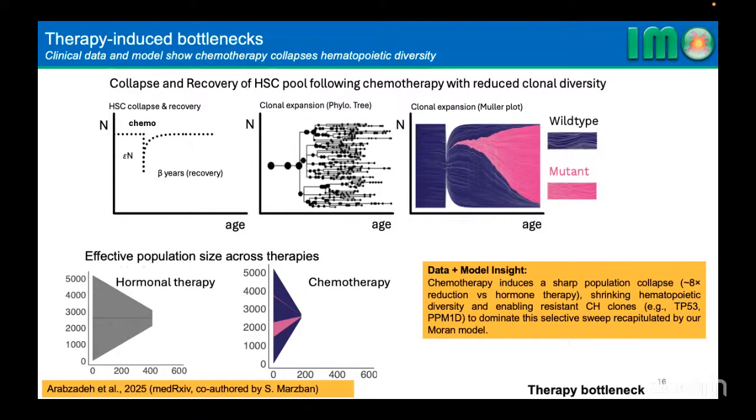In this paper, we looked at chemotherapy in a breast cancer cohort of 171 patients, and we observed that, compared to hormone therapy, the allelic population decreases more significantly, with 8 times more reduction in chemotherapy. And if there is positive selection in those patients, we observe some of the mutations expanding faster after the therapy. This paper is under review, and you can find it on medRxiv.